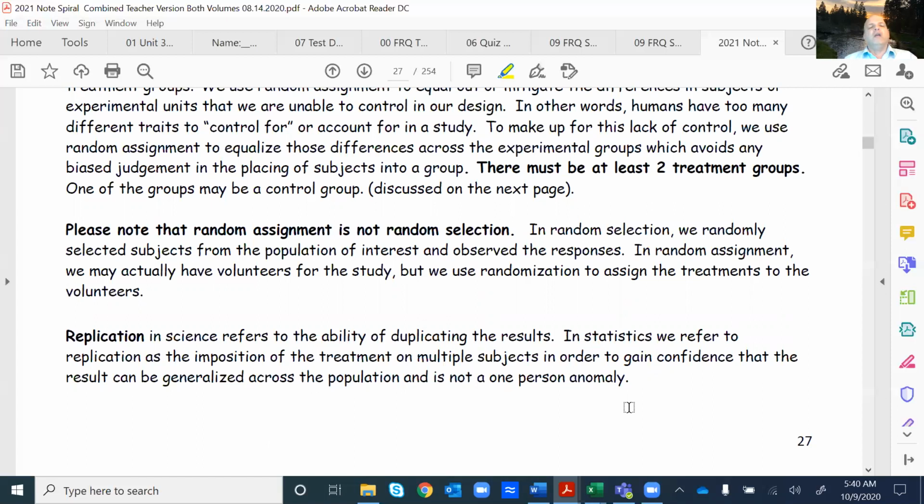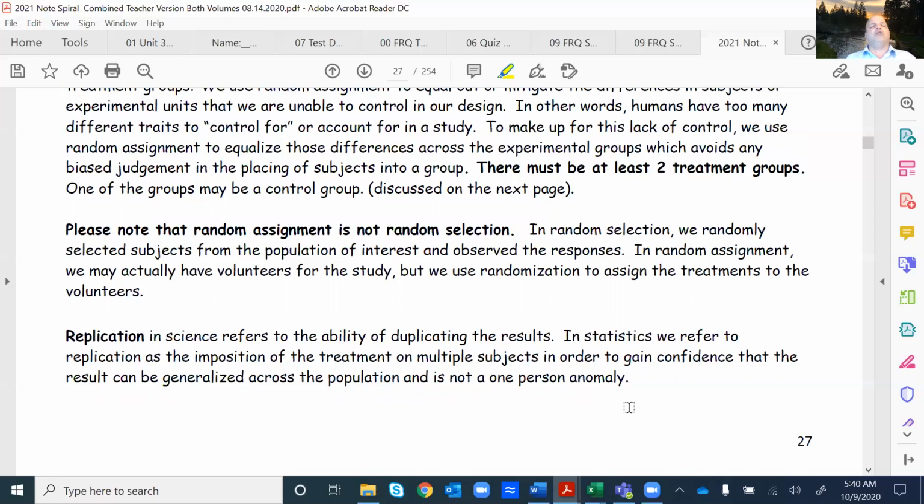But basically, because everyone is different, we're going to react differently. The chemicals should react the same every single time. But human beings, from one human being to another, we react differently. So replication in science says we get the same result every time. Replication in statistics means we're going to apply the treatments to several subjects, at least two subjects, and many more is better.